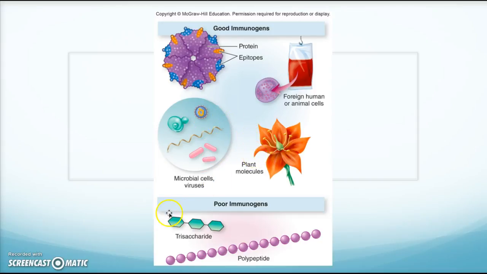What is not a good immunogen would be maybe a trisaccharide, so multiple subunits of a particular carbohydrate, or a polypeptide, just a string of amino acids. These are not really different enough. Their shape and everything is too uniform to be noticed.